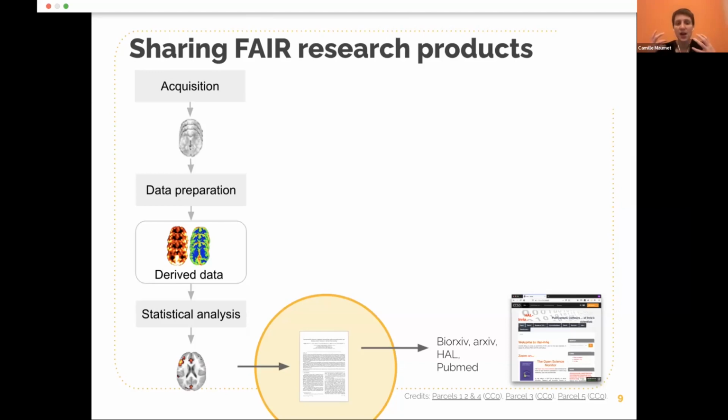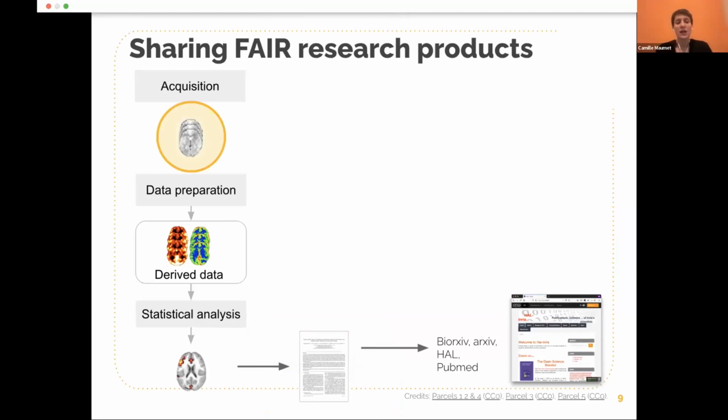So that's one aspect of sharing research products in relation to our MRI studies. But as people realized that there was a difficulty to reproduce results, findings that were proposed in the literature, there was this idea that maybe we should share more than just the research paper.